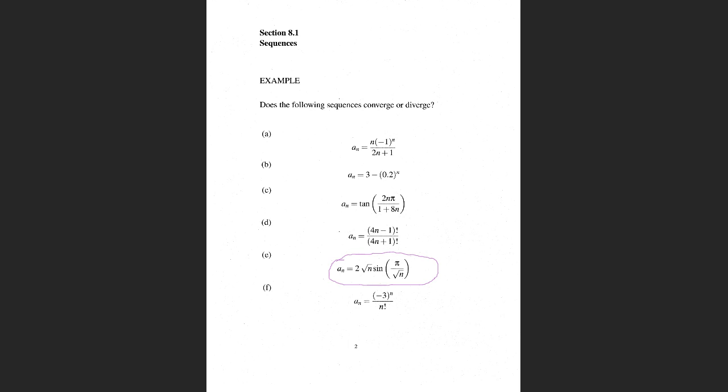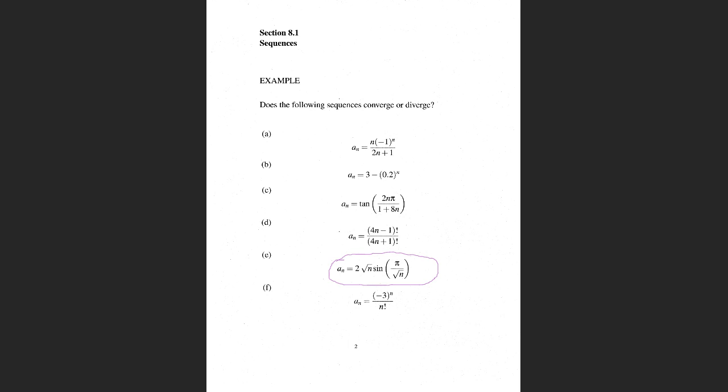Desmos will help you and tell you pretty close to what the limit should be, but it wouldn't give you the exact answer, right? And based on a decimal, you still might have trouble figuring out the exact answer.